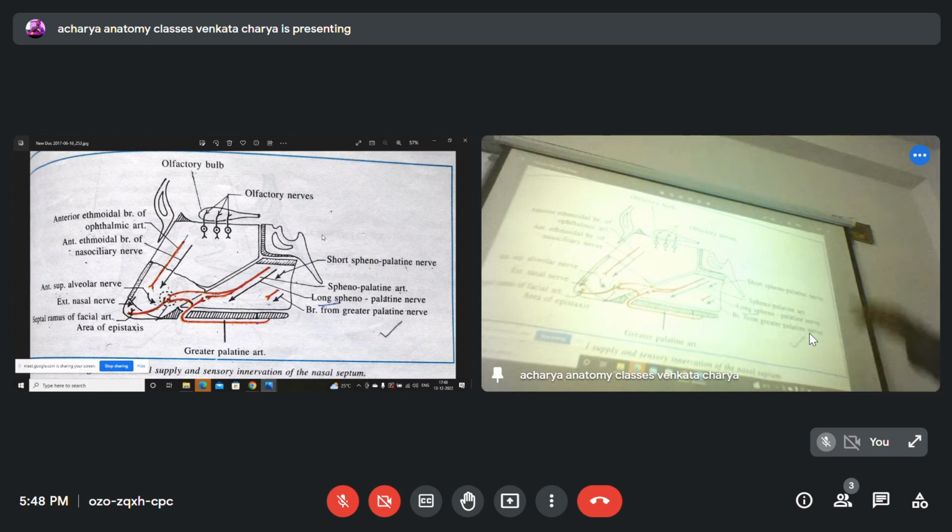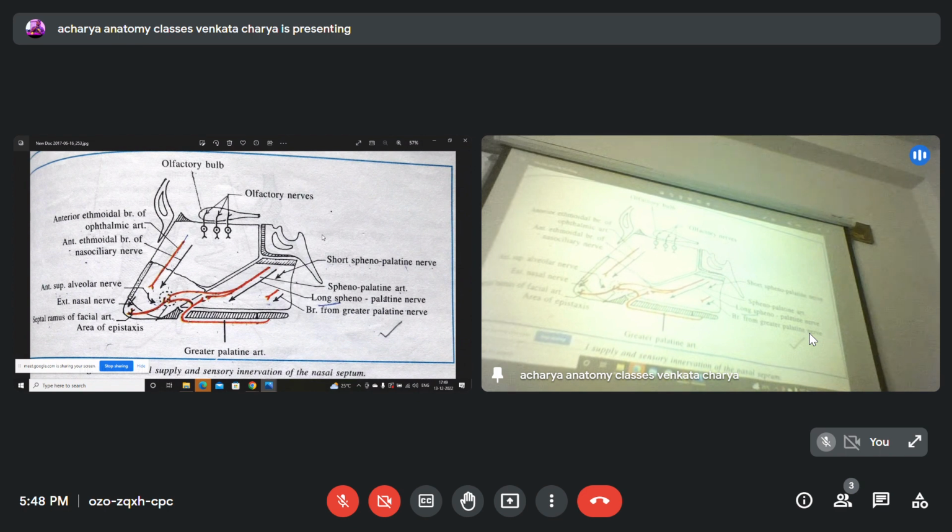Next, anterior superior alveolar nerve. Septal ramus of facial artery.